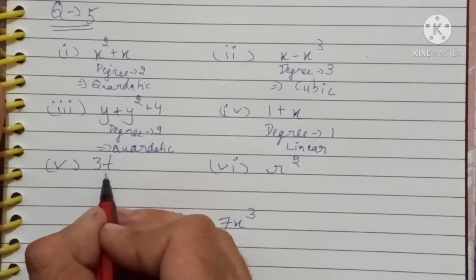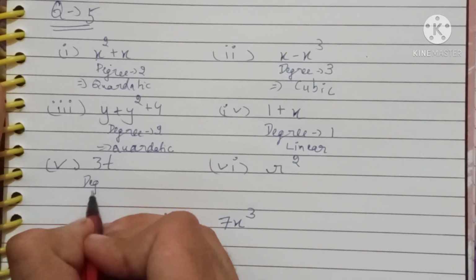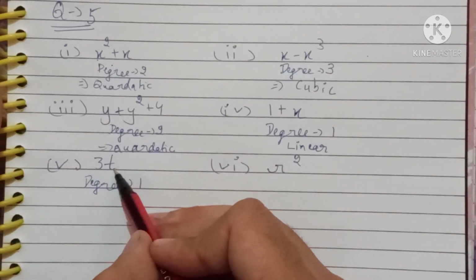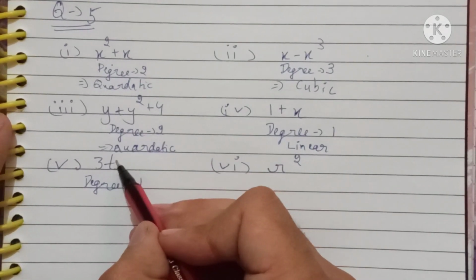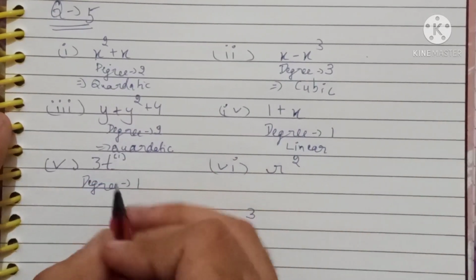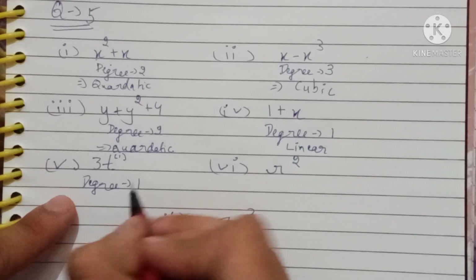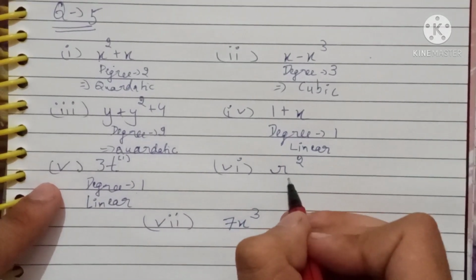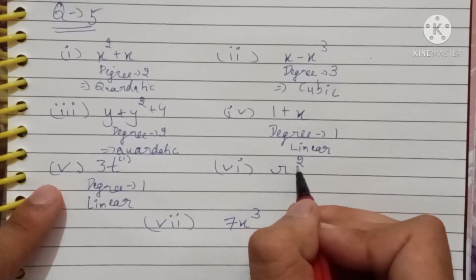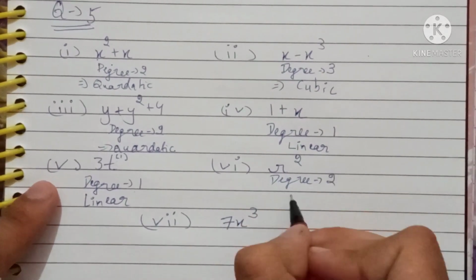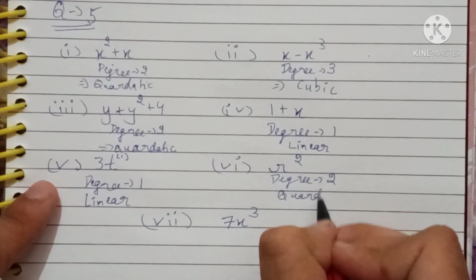Now in the fifth part also, the degree is 1. How? Because the variable is t, and when nothing is mentioned above t, its power is 1, that's why its degree is 1. So it would also be called linear. In this, the variable is r, the highest power is 2, so degree is 2. Therefore this is quadratic.